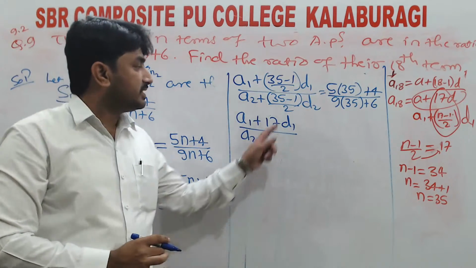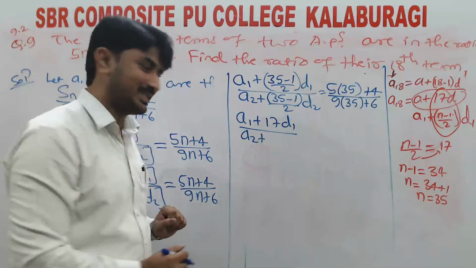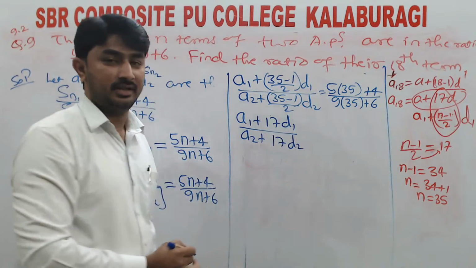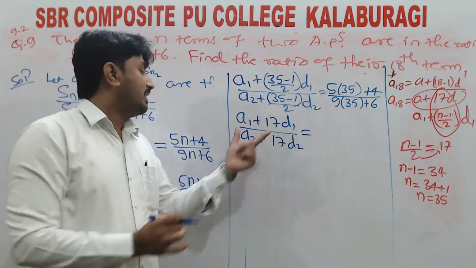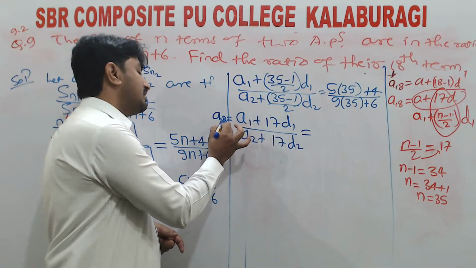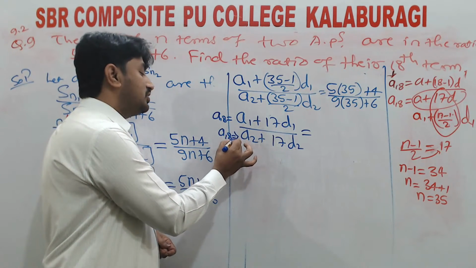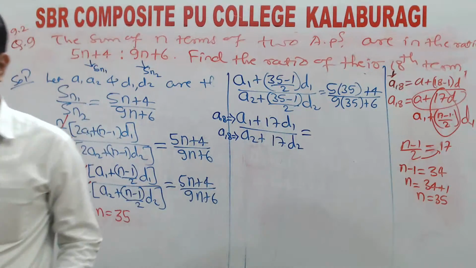It is the 18th term of the first and the 18th term of the second. These two indicate the ratio between the 18th term values.